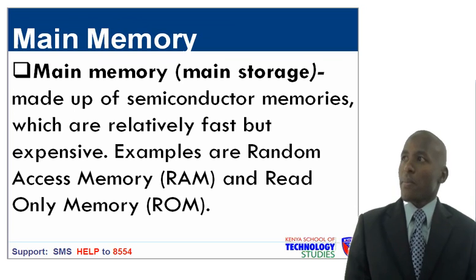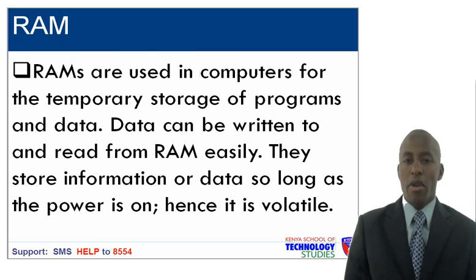Main memory, or main storage, is made up of semiconductor memories, which are relatively fast but expensive. Examples are random access memory and read-only memory. Those are two types of memory.